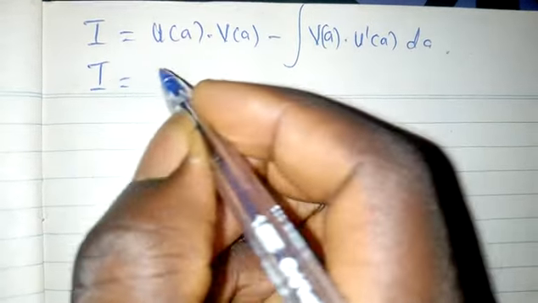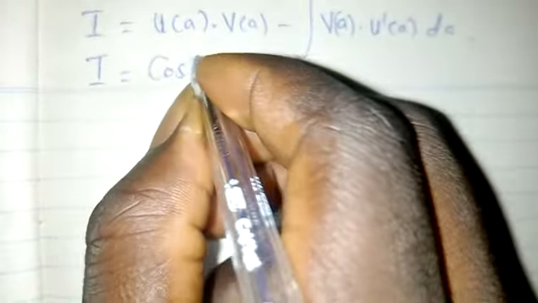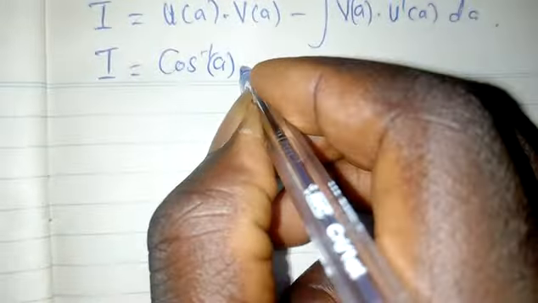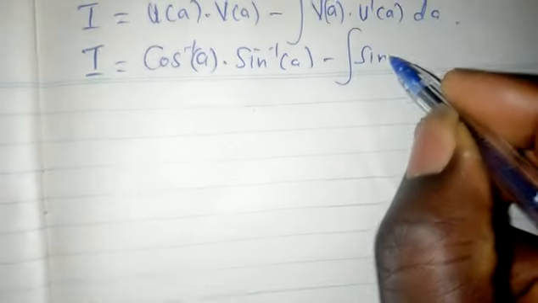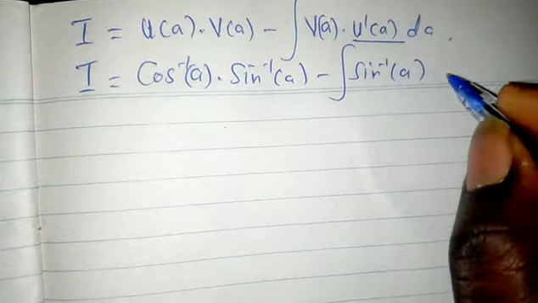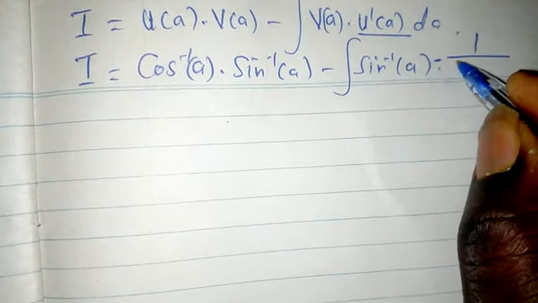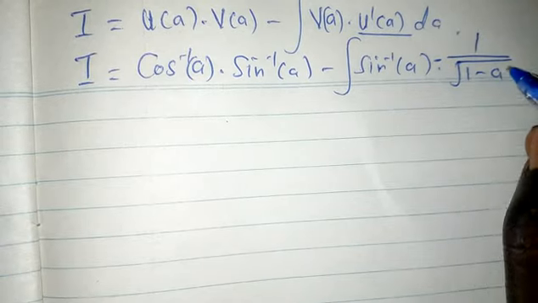Okay, so putting the u of a, which is cos inverse of a, so cos inverse of a, and my v of a is sine inverse of a, so sine inverse of a minus the integral of sine inverse of a. My differentiated cos inverse of a was, there's a negative here, sorry, 1 over root of 1 minus a squared.